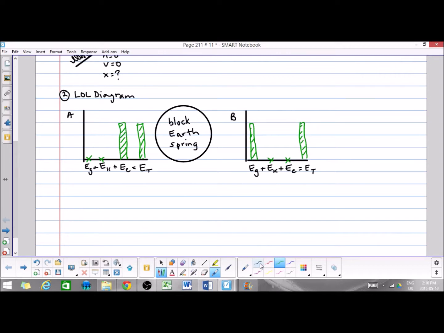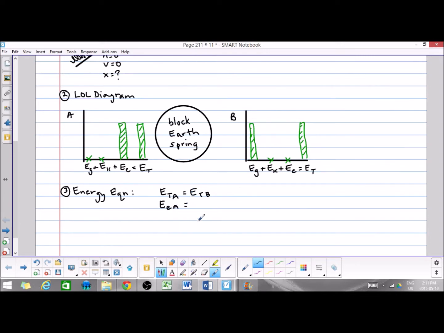Now, with our LOL diagram complete, we can move into the energy equation. The total energy at A is equal to the total energy at B. At position A, all of that energy is elastic potential energy.